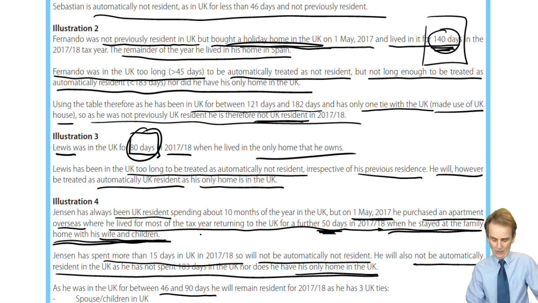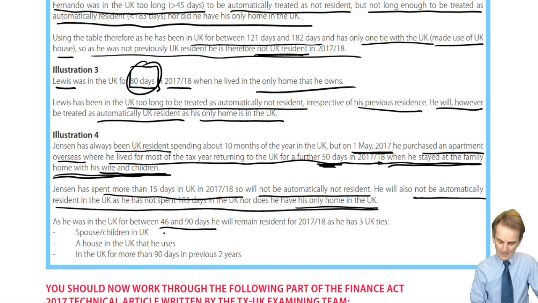So that is another tie that our individual has with the UK. So we've got spouse or children in UK, house in the UK, that is only 2. Again, you're going to have to memorise these ties tests before you walk into that examination room, because that one then was the critical third one, which means that Jensen is indeed classified as UK resident.